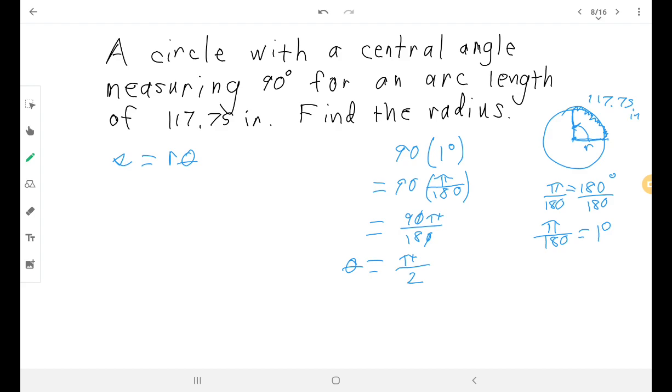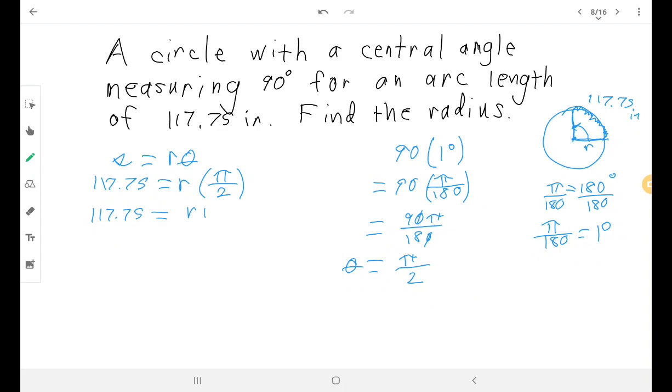So now I should have everything that I need. I've got the arc length. It's 117.75. I don't know the radius, but I do know the angle is pi over 2. So what can I do here? Well, 117.75 equals r times pi over 2, and I can do this in 2 simple steps instead of one more complicated step.